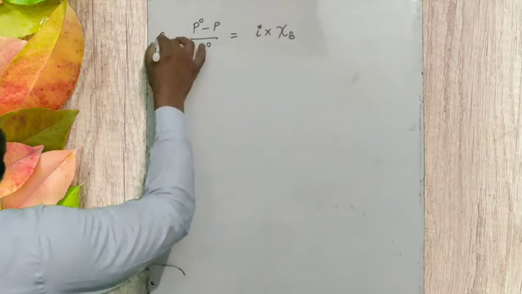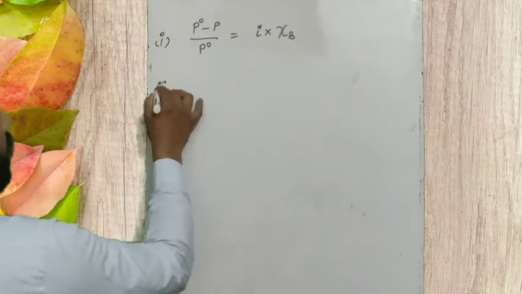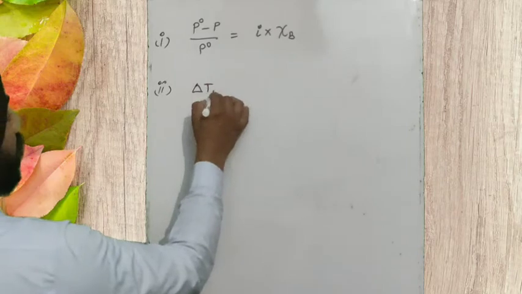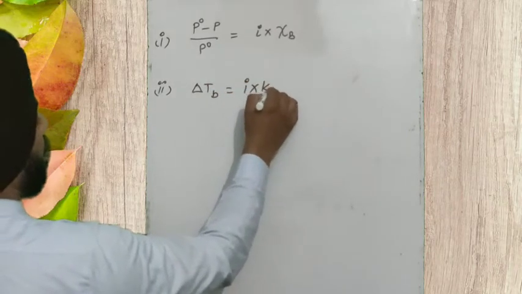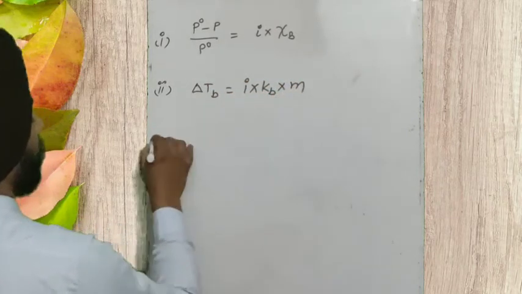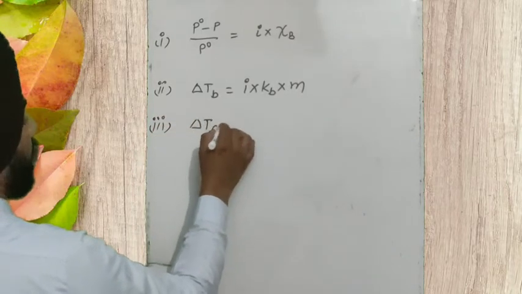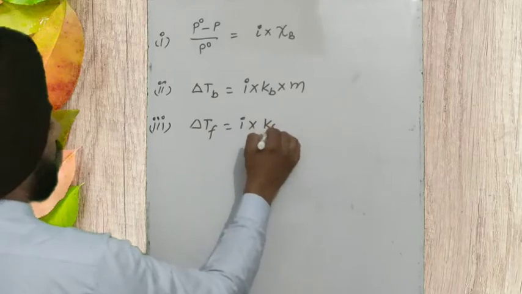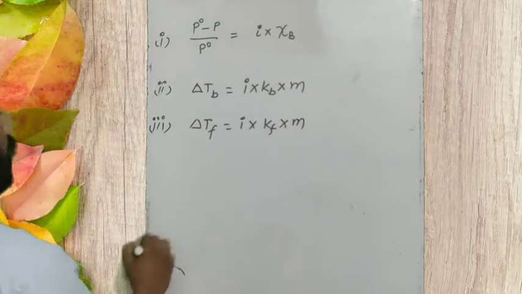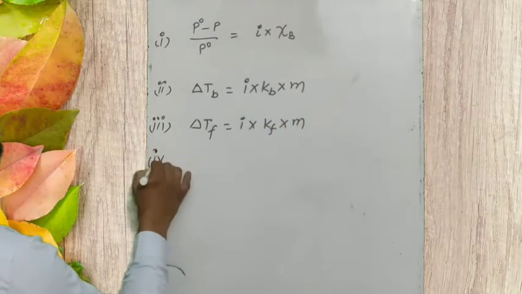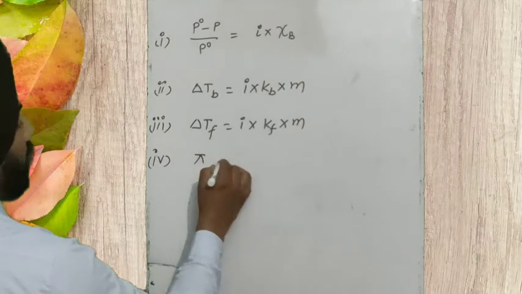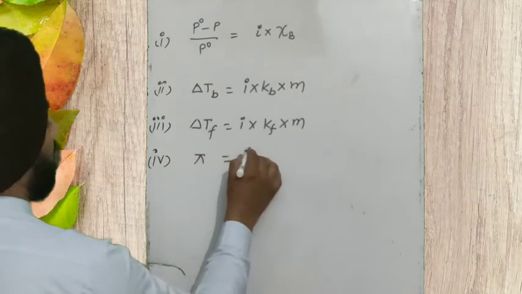Second, delta Tb is equal to i into Kb into m. Third, delta Tf is equal to i into Kf into m. And fourth, osmotic pressure pi is equal to iCRT.